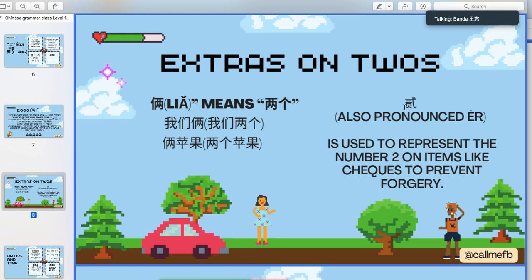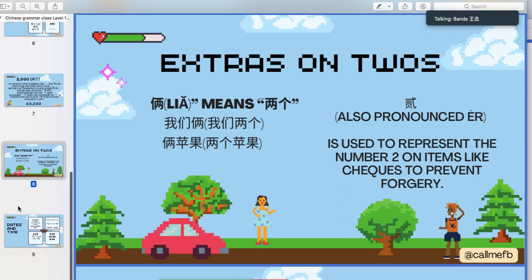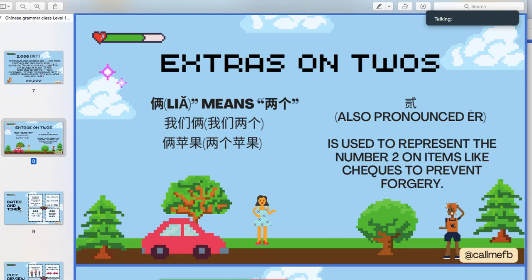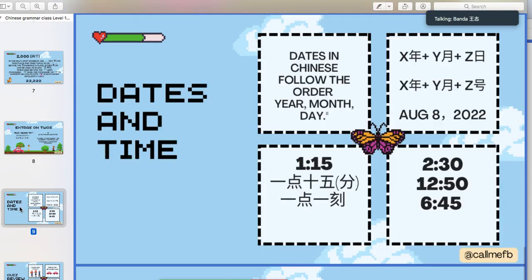So we won't see that often, but I just thought it would be good to share that there is another one that's also used to represent the number 2, and also has the same pronunciation as the usual number 2, right?